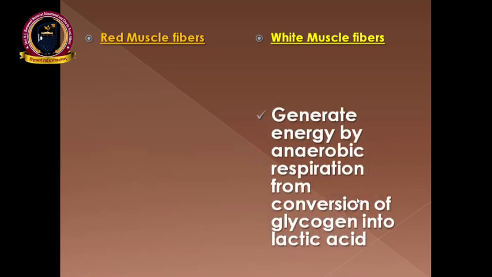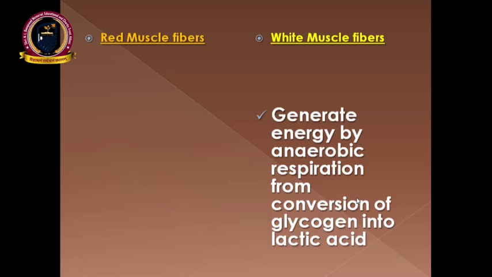White muscles generate energy by anaerobic respiration. Anaerobic respiration is taking place there. Glycogen undergoes the first step of the respiratory metabolism, that is called pyruvic acid formation.